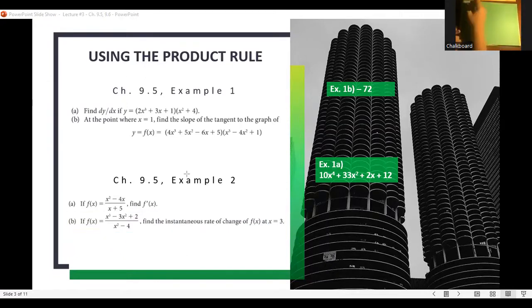First one looks like this. And then the last one looks like this.